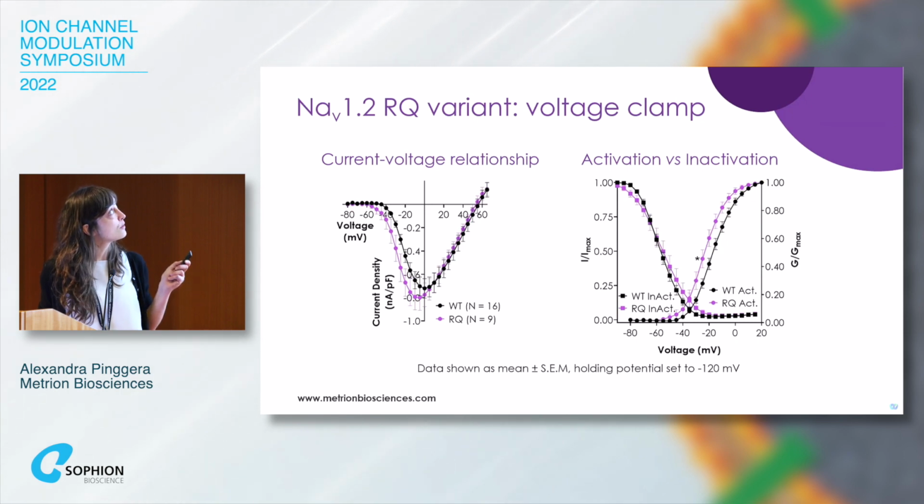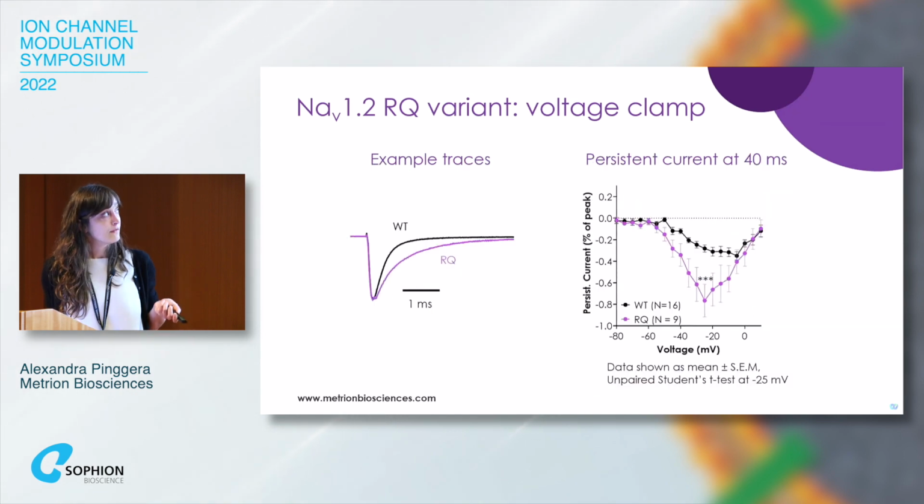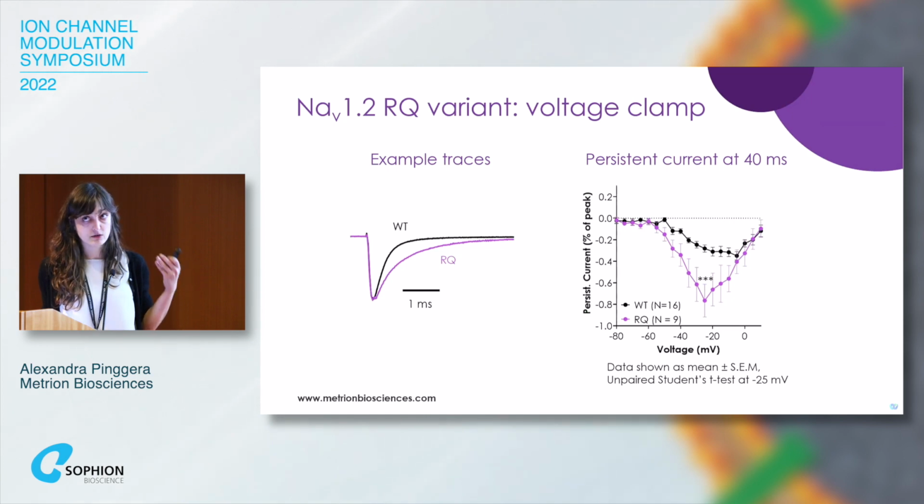As you can see from both the current-voltage relationship and the voltage dependence of activation, the activation is shifted to more negative potentials by about minus 5 millivolts, whereas the voltage dependence of inactivation is unchanged. We also observed slower inactivation kinetics with this variant, as well as an increased persistent current, which is the fraction of non-inactivating current over a large voltage range.